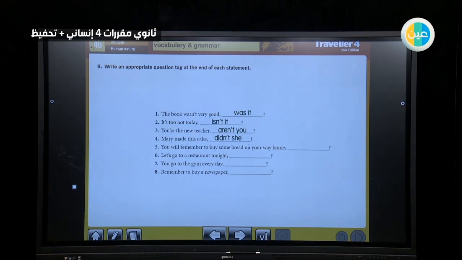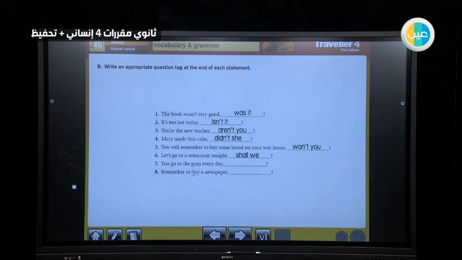Didn't she? You will remember to buy some bread on your way home. You will remember, will you not or won't you, we put here the opposite. This is positive. Let's go to the restaurant. Let's, we said, if we have let's in our statement, here we write shall we.